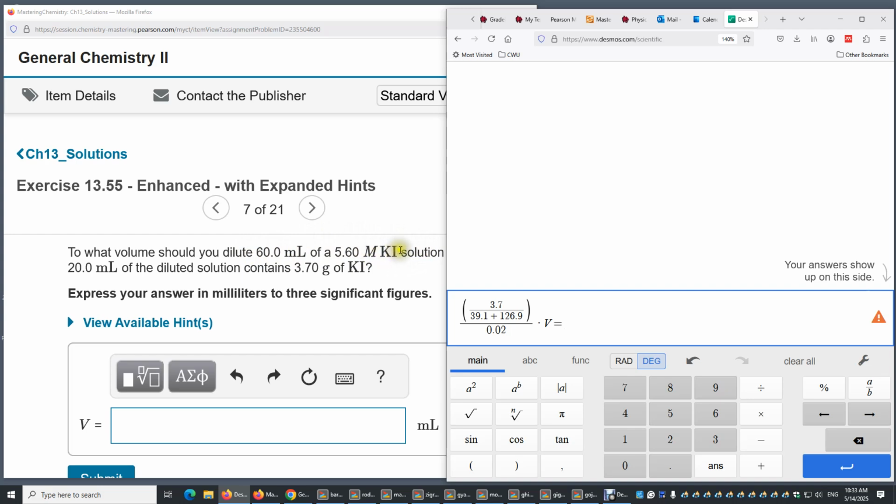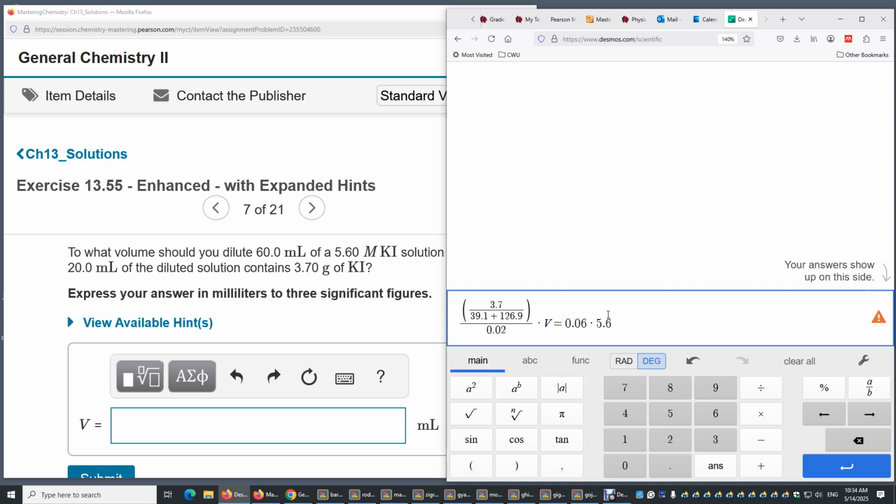Now, how can we get the number of moles? It's pretty easy. It's the volume in liters, 0.06 liters, multiplied by 5.6 molar. 5.6 molar is 5.6 moles per liter.